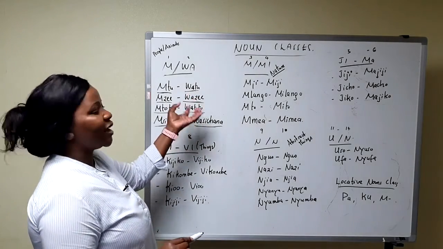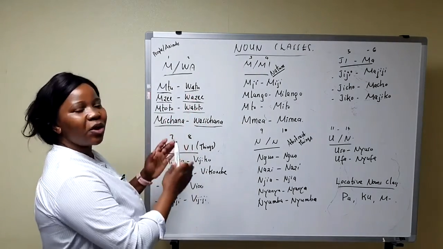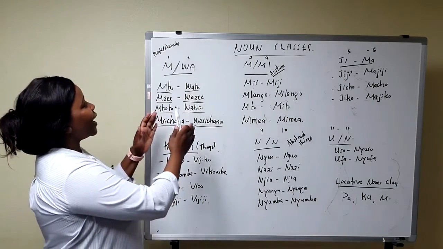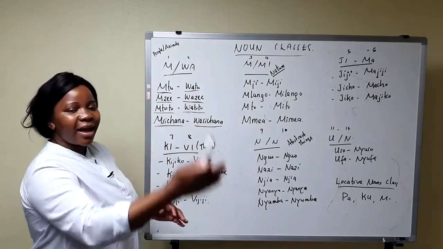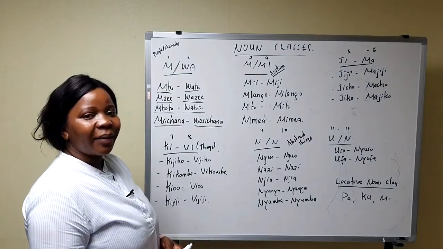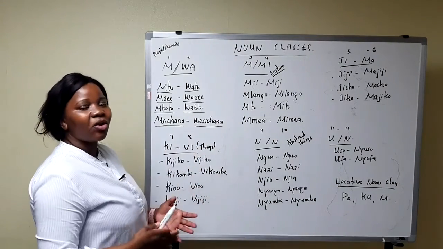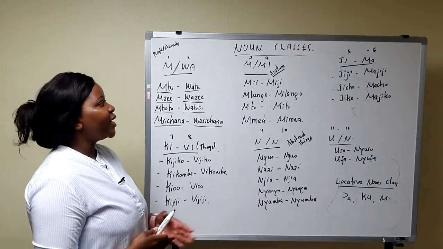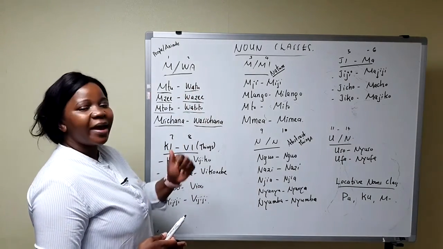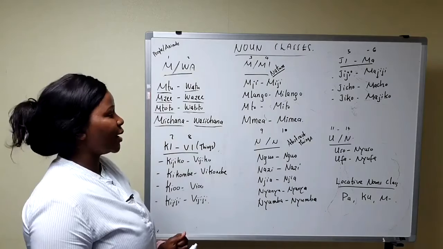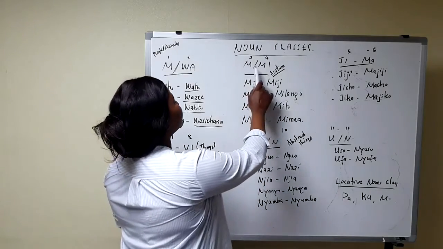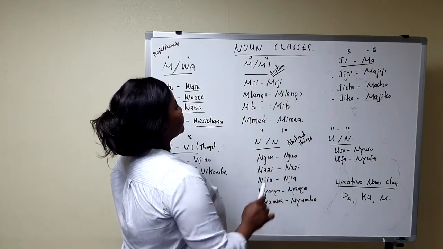So this is the general overview. So we'll talk about this noun class in our next lesson, okay? So today we are going to see the general overview first, okay? So the third and fourth noun class is me.